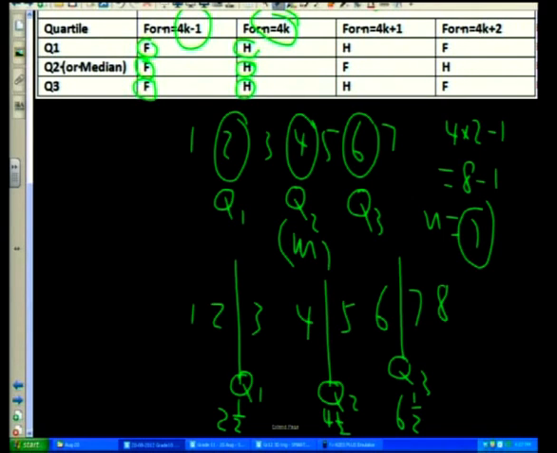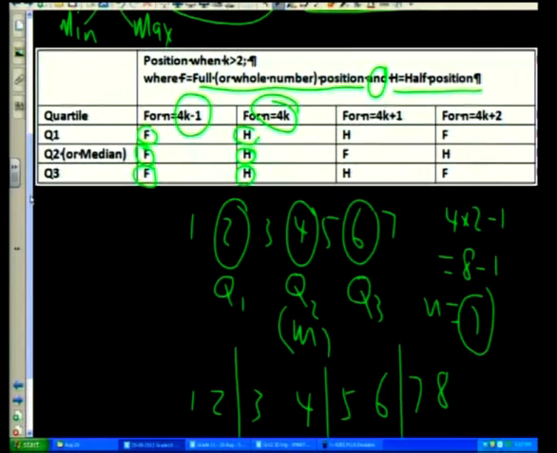And if you increase your data from a multiple of 8 and just increase it by 1, what will then happen is your first quartile will be in a half position, your second quartile in a full position, your third quartile in the half position again. So on and so on.